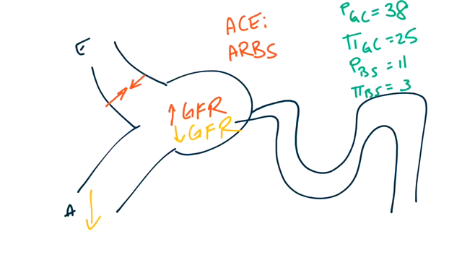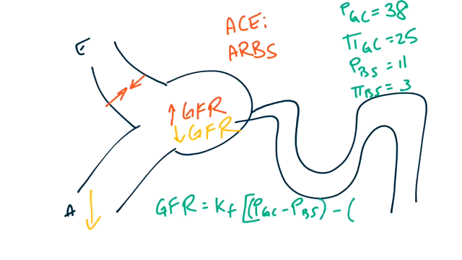Remember our Starling equation from before? If the Kf was not given to us, we can just assume it's constant and ignore it in the calculation.